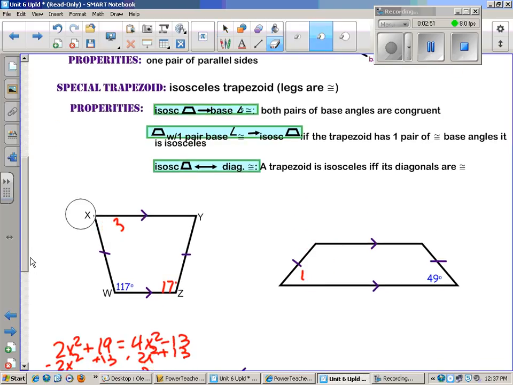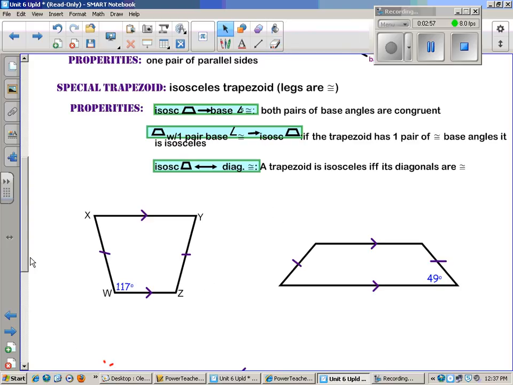None of this got erased. All right, so if that's 49, what's that? 49, because it's equal. Can I figure out this one? Right, 180 minus 49, which is 131.